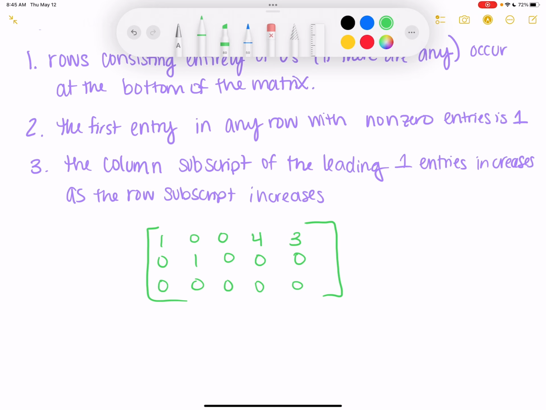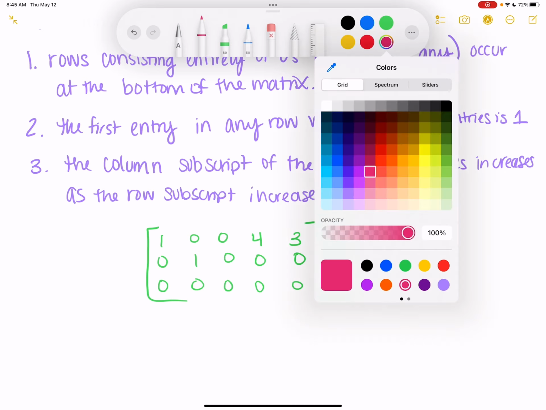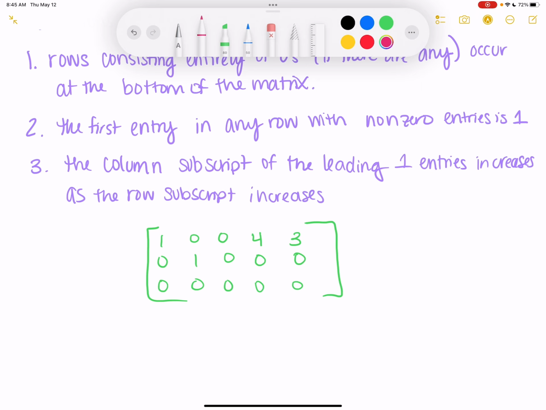Or if the second one is 0, 1, that's fine. I could have had a 3 right here, and that would have been fine. There just has to be a 1 first. The 1 has to be the first non-zero entry in the row. So if it began with 3, 4, 0, 1, it would not be.